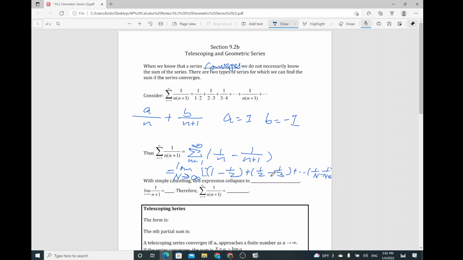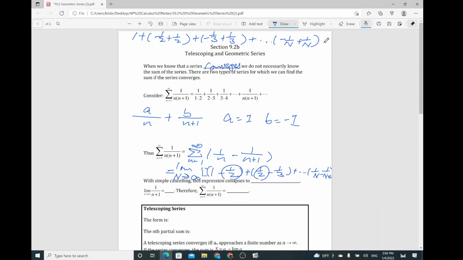Let's say n is a natural number, a counting number: 1, 2, 3, 4, 5. This kind of pattern will give me a simple expression. If I rearrange the terms, I have 1 plus negative 1 half plus 1 half, collecting the opposite terms, and then plus negative 1/3 plus 1/3, and so on and so forth, and then plus negative 1 over n plus 1 over n.